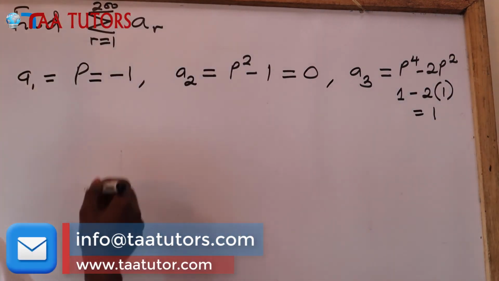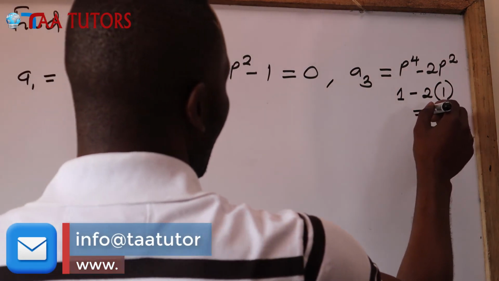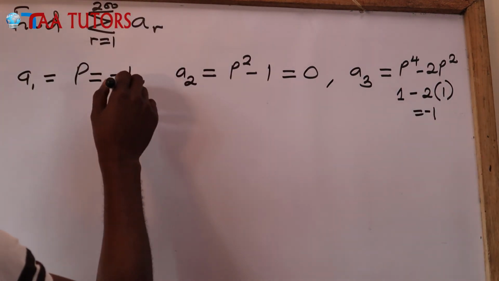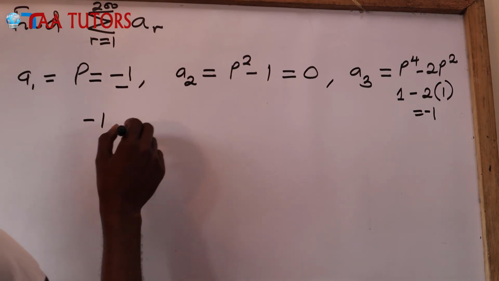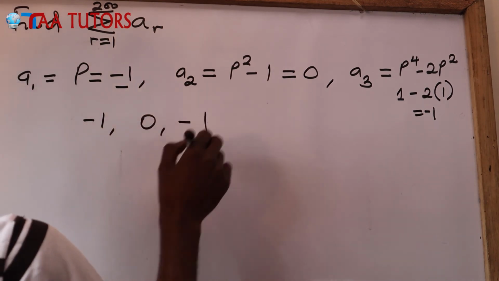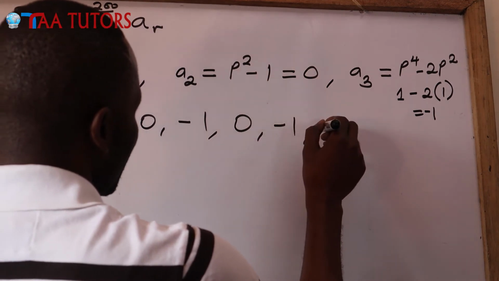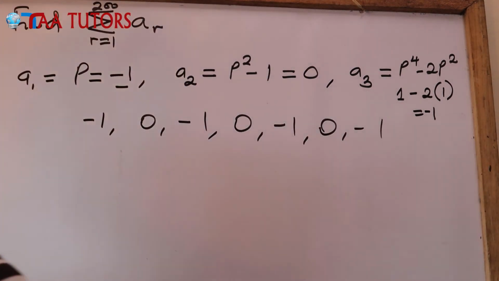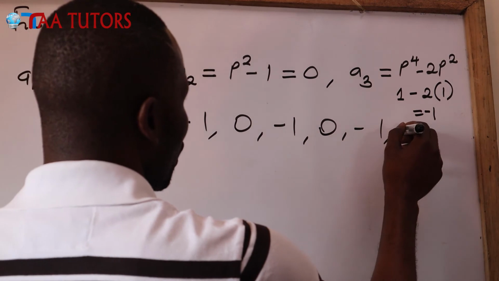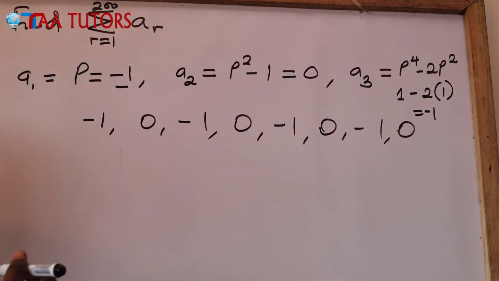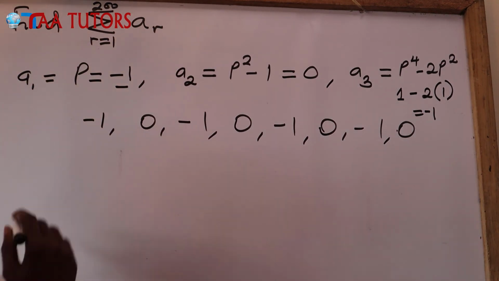So the sequence is -1, 0, -1, 0, -1. We realized that this is what we call a periodic recurrence relationship, where the numbers are alternating. And this is a recurrence relationship of order 2, because only 2 digits are recurring here.